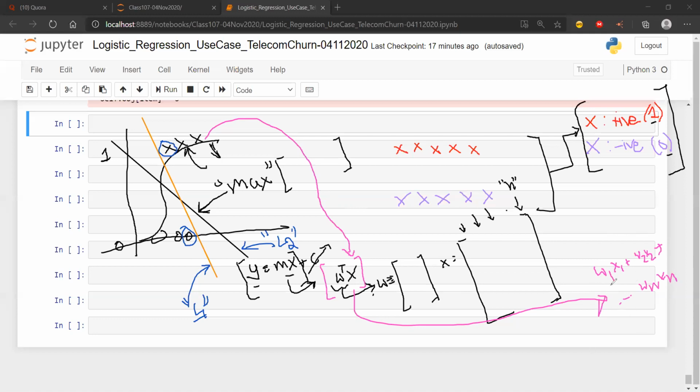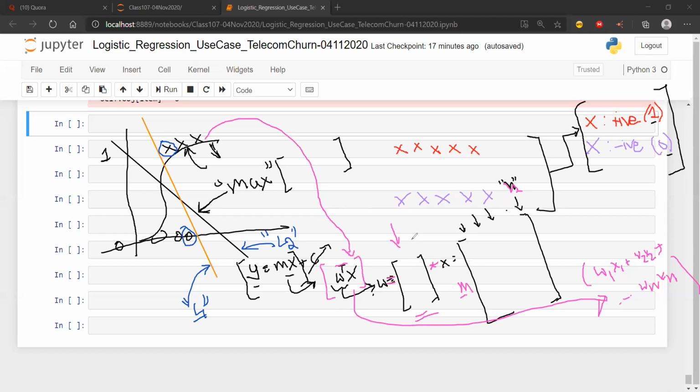So what this means is, if I convert this equation into matrix format, then I clearly see that I can represent w as a transposed vector, which is then multiplied by an m cross n matrix.